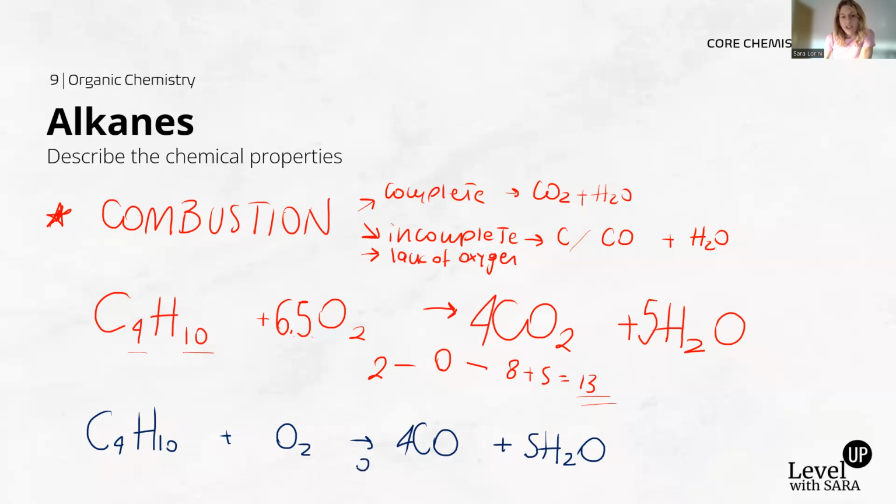But now, how many oxygens do we have in total? 4 on the right-hand side, 5 plus 5, 9, and just 2 on the left-hand side. How do we balance it? We put a 4.5 on the left-hand side. So as you can see, less oxygens present when we have the incomplete combustion.